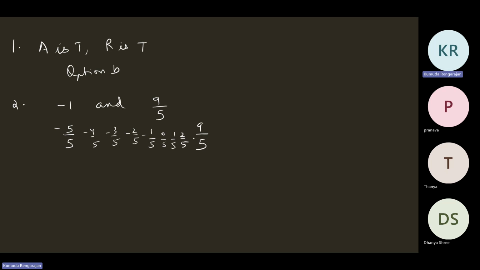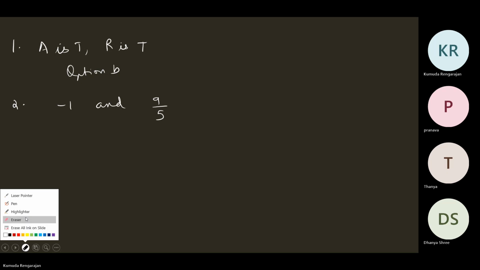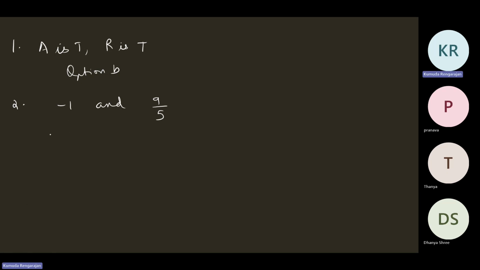And there is 3 by 5, 4 by 5. -1 should be written with denominator 5. Correct, 2 by 5 lies between -5 by 5 and 9 by 5. Correct. There are infinitely many rational numbers between two rational numbers.